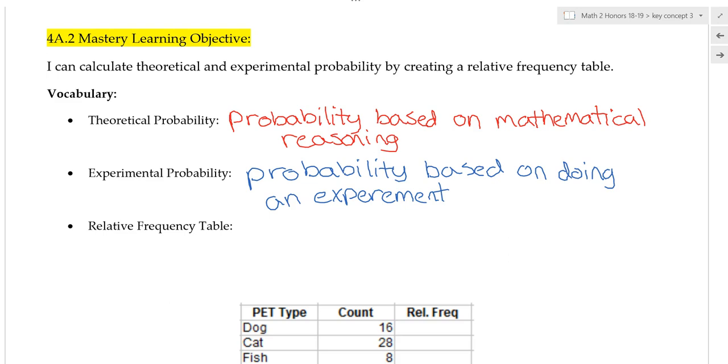Theoretically, I can think there are 6 options, and rolling a 1 is 1 out of 6.